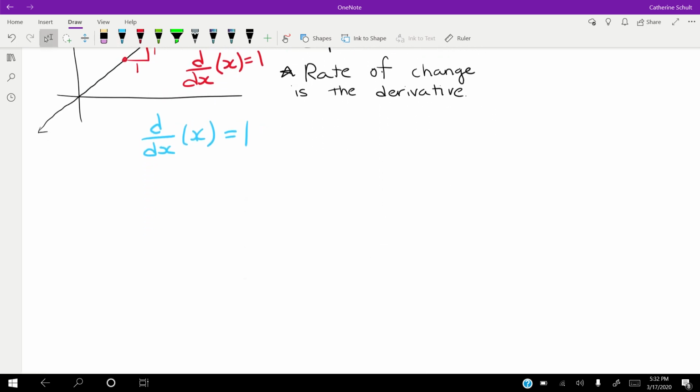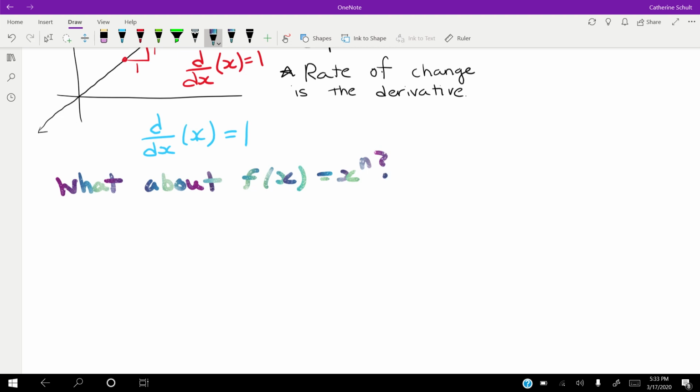Okay, so now we know two derivatives. We know the derivative of a constant is 0, the derivative of x is 1, and now what we're going to explore is, what about f of x equals x to the n?